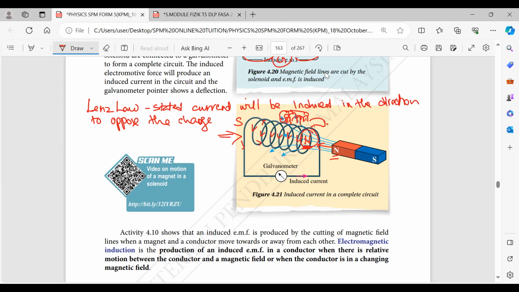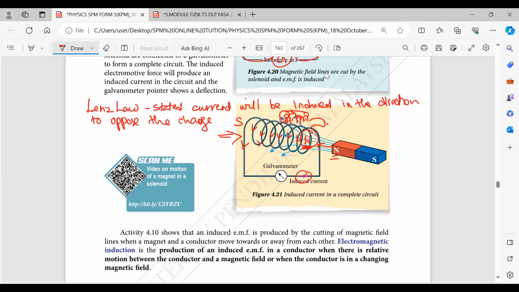Correct, so the diagram they showed is wrong. So if it goes up here, it comes down. So this is the direction of current induced, correct.